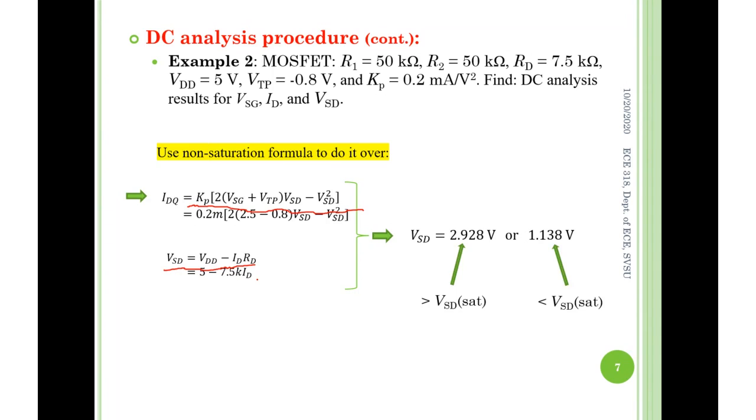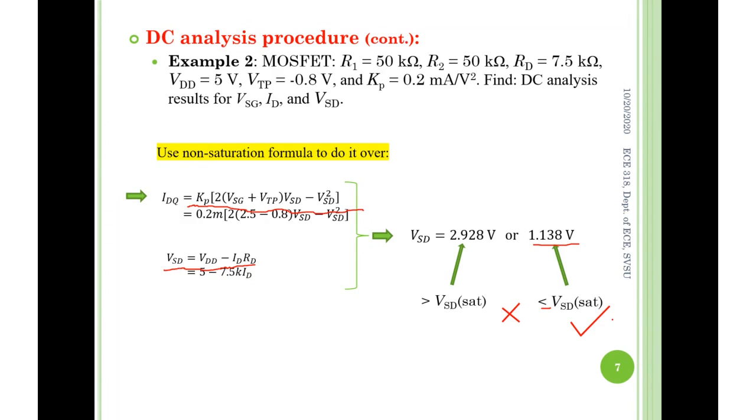So which one should be the winner, the left one or the right one? The right one. Here we go. Because the right one means non-saturation, since your VSD is less than the saturation voltage boundary.